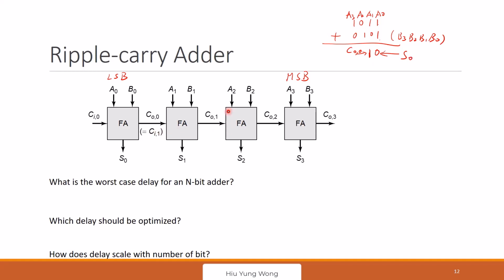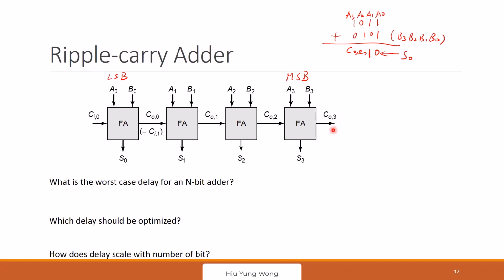Now, that is exactly what we do as students, right? We go from right to left, here from left to right. What is the propagation delay? How much time does it take to finish the computation? Of course, I need to wait until CO3 to decide whether it's finished, right?